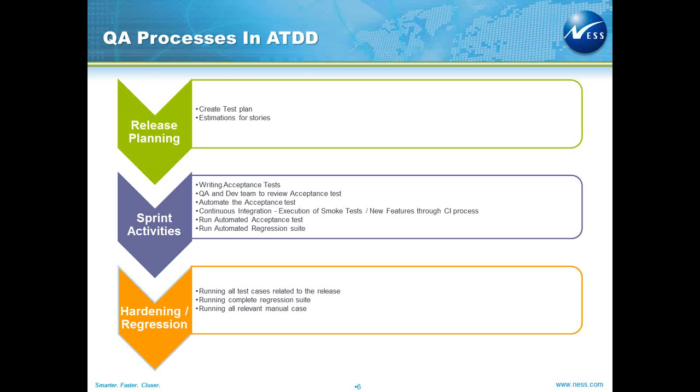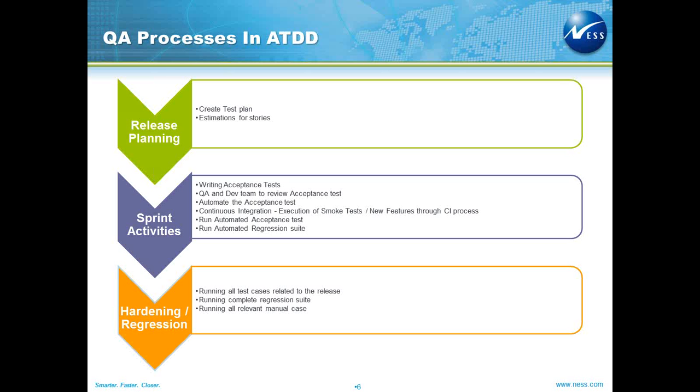Here the QA is responsible for analyzing the particular user story and estimating for it, and this estimation needs to consider everything, from writing test cases to reviews, automating those test cases, and executing them.